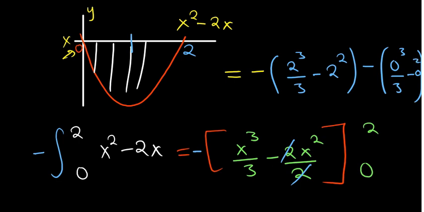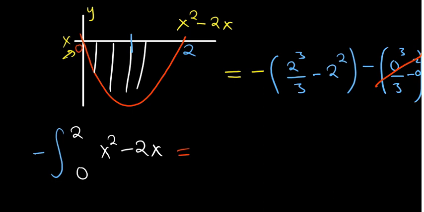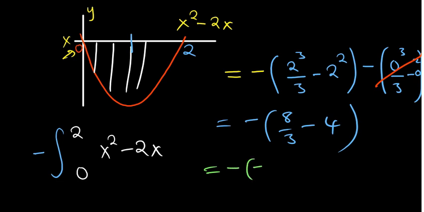In the other bracket, since everything is attached to an x, it will be eliminated as a 0. Then 2 to the power 3 gives us 8, so 8 over 3 minus 4. I believe that is 3 times 4, 12, and 8 minus 12 is negative 4, if I'm not mistaken, so negative 4 over 3, and then the answer becomes 4 over 3.